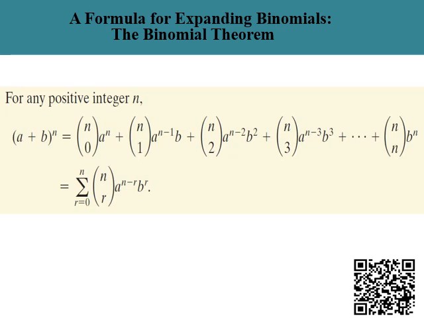Number 1, the first term in the expansion of (a plus b) to the power n takes the first term to the power n. Then it decreases by 1 in each next term, and the exponent of b in the expansion of a plus b increases by 1 in the next term. So we can notice here is n, and then the power of a starts decreasing, and then the power of b starts increasing, 1, then 2, then 3, and so on until we reach the power n.